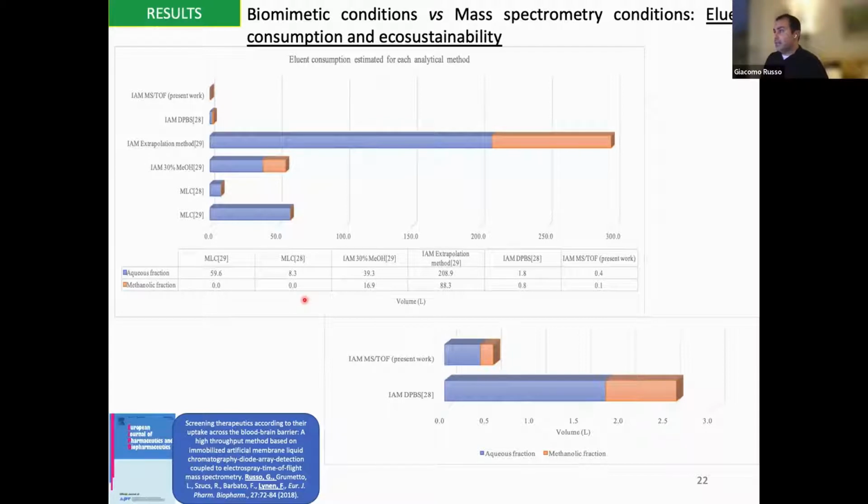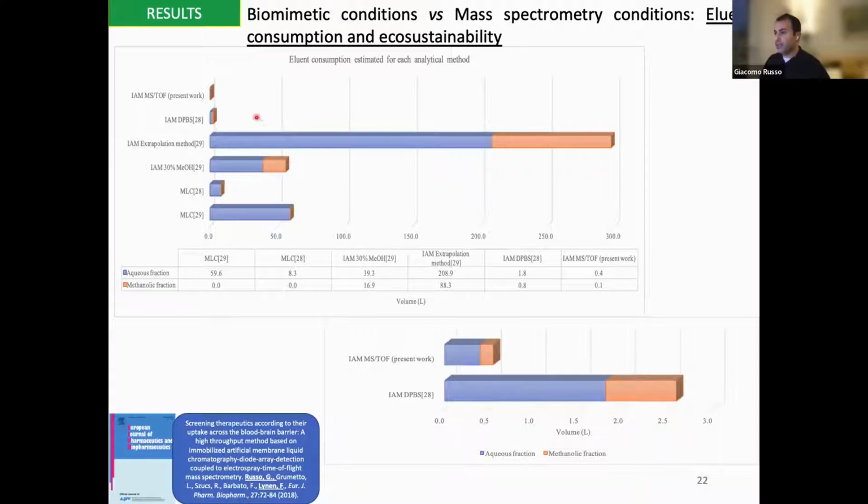Let's look now at the eluent consumption and eco-sustainability, because of course, now we are really focused on respecting the environment and designing solutions that are eco-sustainable. So to screen the entire data set in triplicate, we essentially used 500 ml of mobile phase, of which 400 ml of water and 100 ml of methanol.